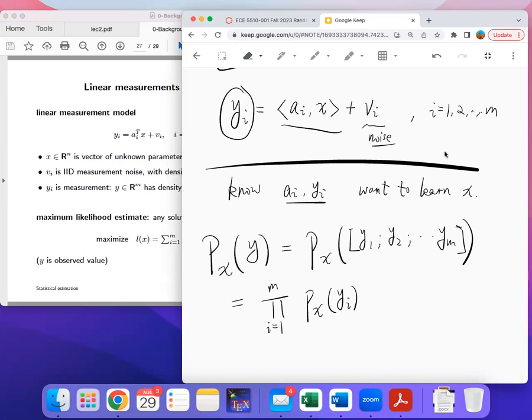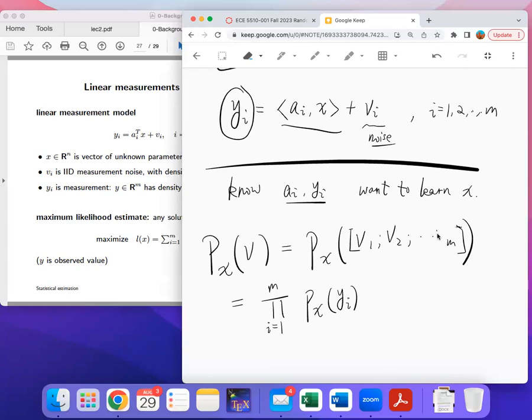Let me see, what should I write here? Yeah, here I should write V instead of Y, because only the noise part is random.